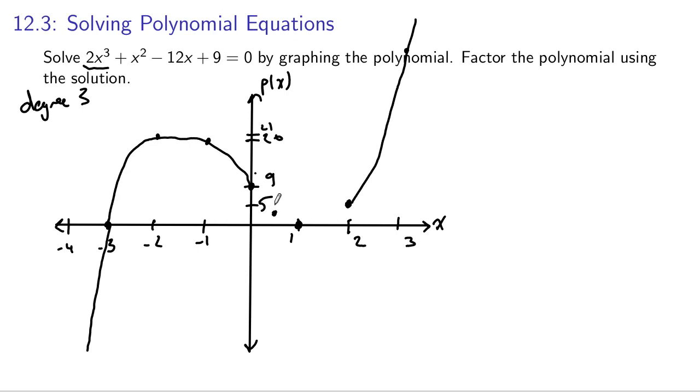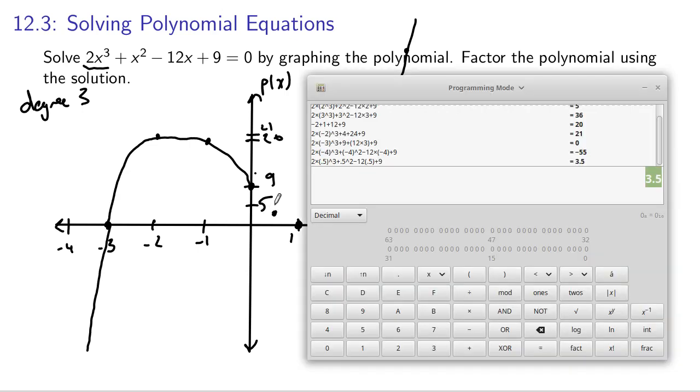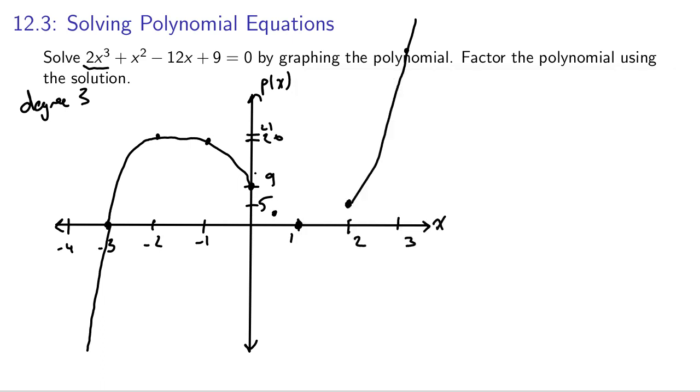Let's put in 1.5. 2 times 1.5 cubed plus 1.5 squared minus 12 times 1.5 plus 9, 0. So we found another 0 at 1.5.